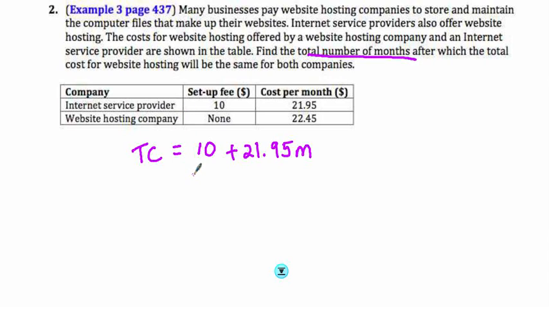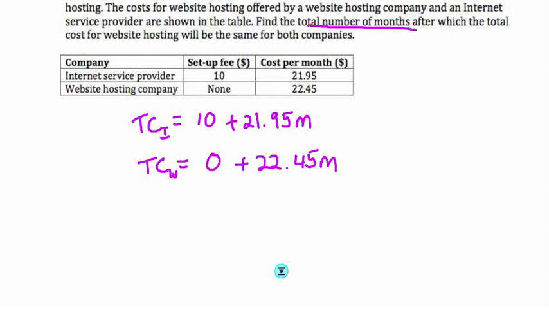When we look at the total cost from the website hosting company, they do not charge a setup fee, but they charge a higher monthly fee. So this is the total cost of our internet service provider and the total cost of our website hosting company.